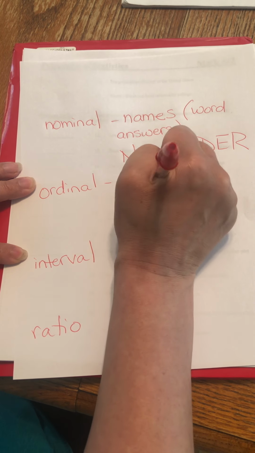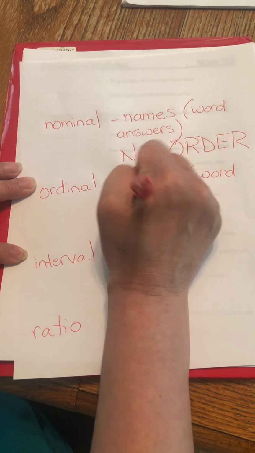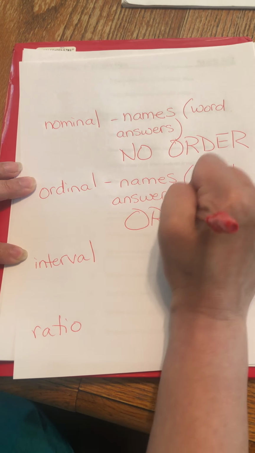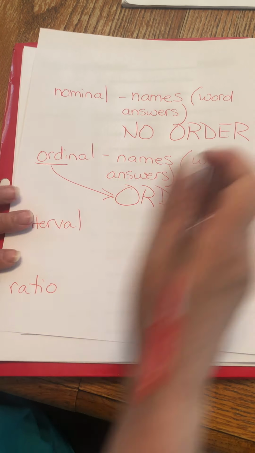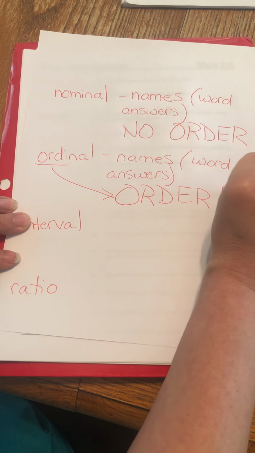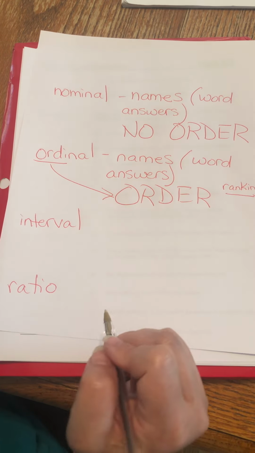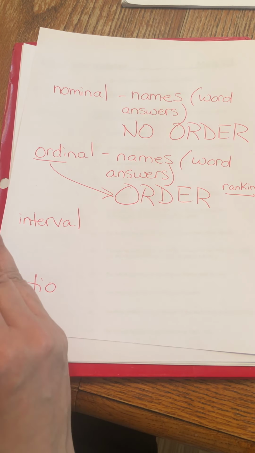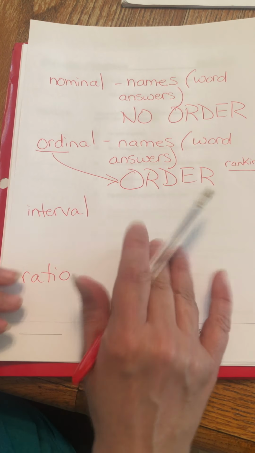Ordinal are names or word answers that have order. That's why they're called ordinal. Ordinal means order. These are things that are ranked. If you do rankings, this is a big one here because you're putting them in order from high to low or low to high, worst to best. This is very popular when you rank things, is to use ordinal.